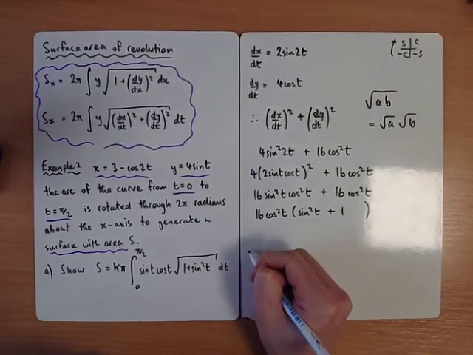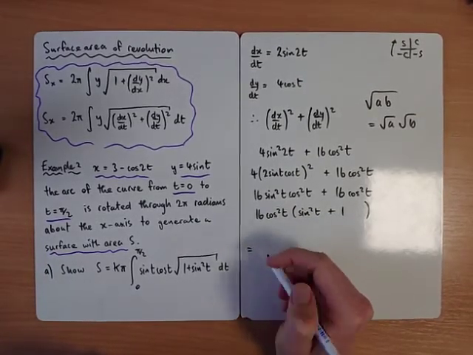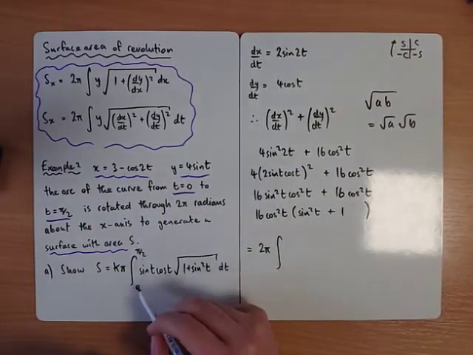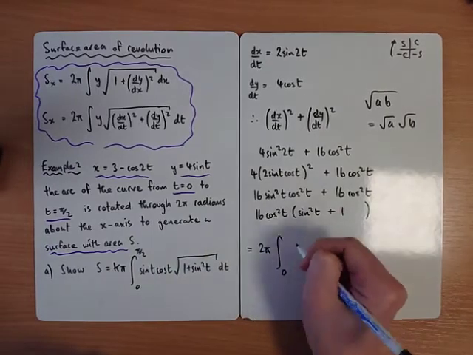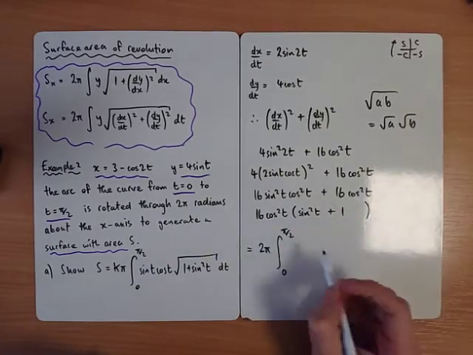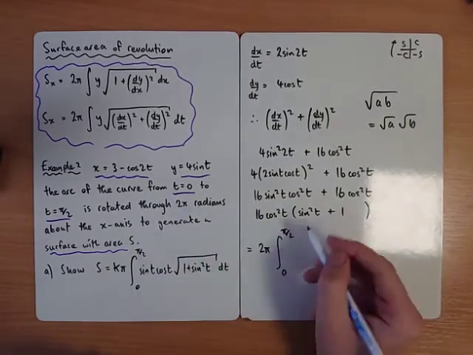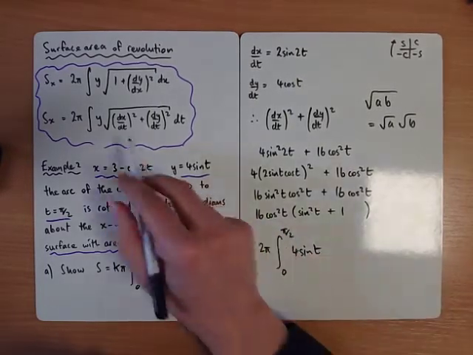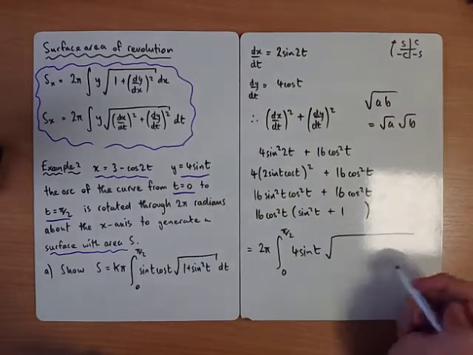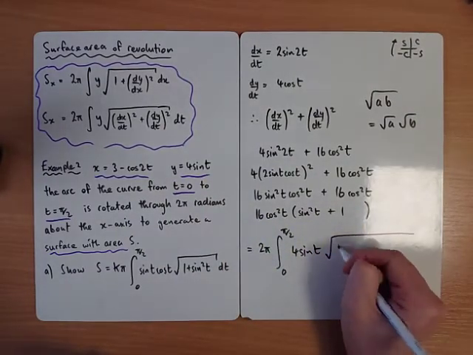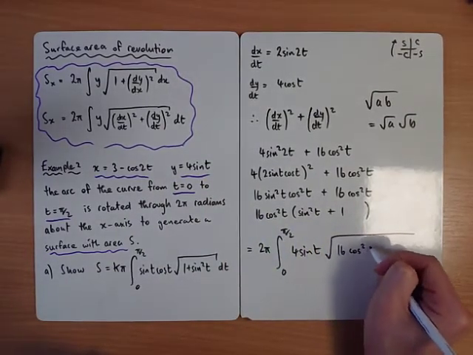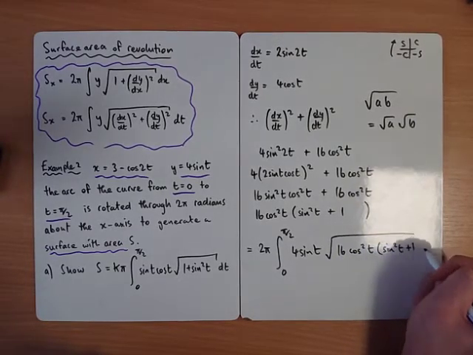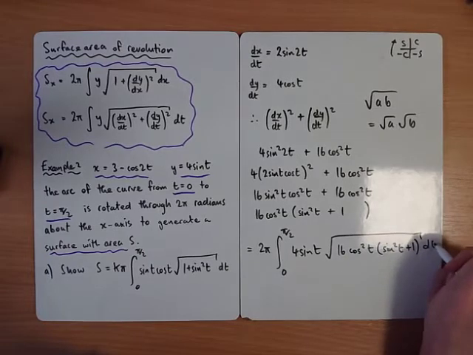So let's set up our integral, so it'll be 2 pi, going from 0 to pi over 2, Y, which was 4 sine t, square root of this stuff, which would be 16 cos squared, sine squared plus 1.